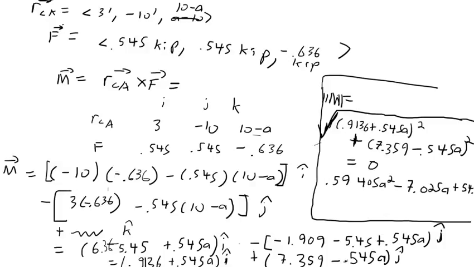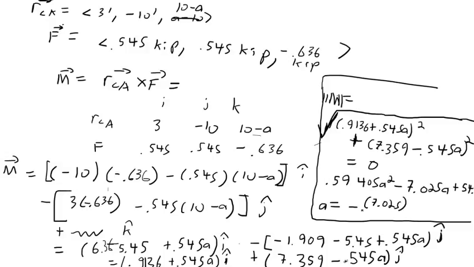This parabola clearly will have a minimum. It is definitely concave up because it has the positive coefficient on the squared term. And the formula is negative b over 2a, where this is the b and this is the a.